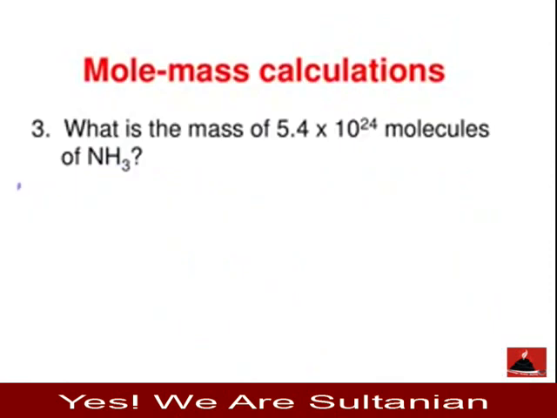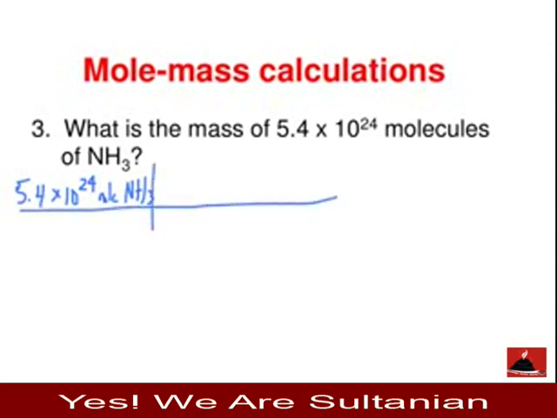Okay, so let's start with a train tracks. We're going to try to find moles first. So 5.4 times 10 to the 24 molecules of ammonia. And so I'm going to put molecules of ammonia on the bottom, which is what I'm trying to convert from, and moles of ammonia, which I'm trying to get. Now we need to put the correct conversion factor in here for moles.